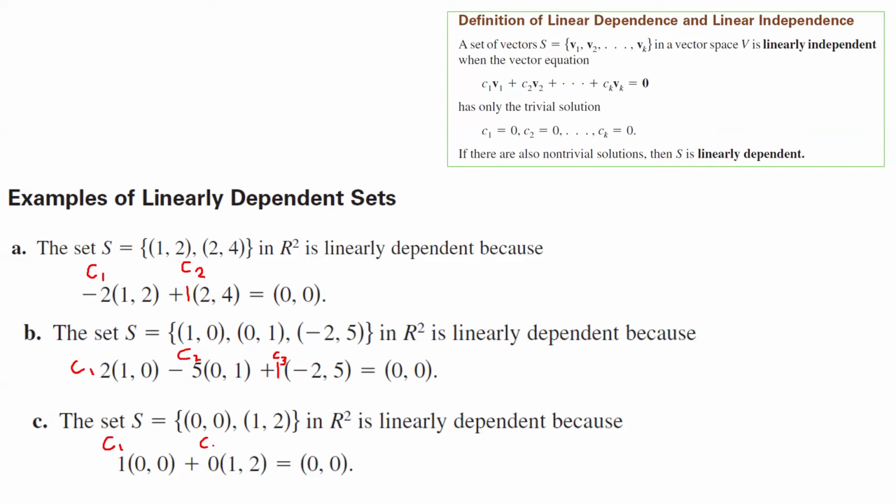I don't have any issue with C2, because C2 is 0, but I have an issue with C1. C1 is equal to 1 multiplied by the first vector plus C2, which is 0, times the second vector, gives me 0 back. But C1 is non-zero. So these are linearly dependent vectors.